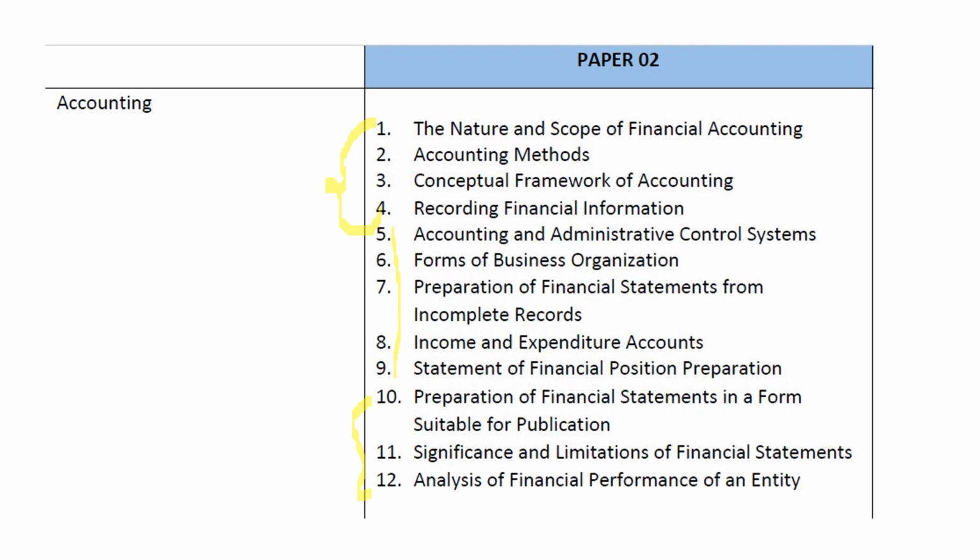So what we're going to do is we're going to go through each one of these topics and see how the exam might possibly be coming.